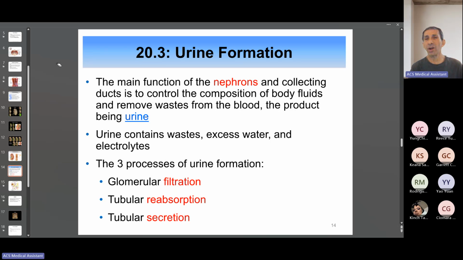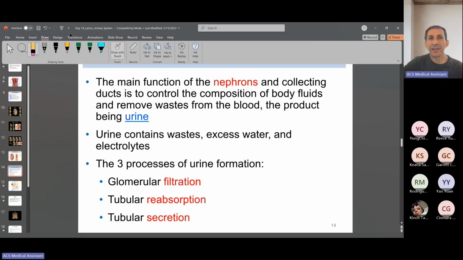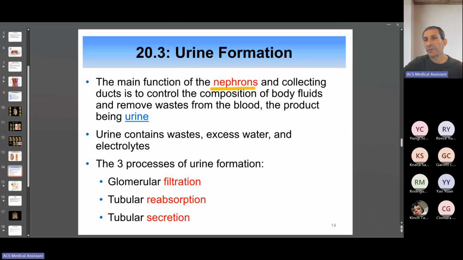And these cells are called nephrons. So don't forget this, because this is important. Don't confuse nephrons with neurons. Neurons have to do with the nervous system. Nephrons with the kidney.